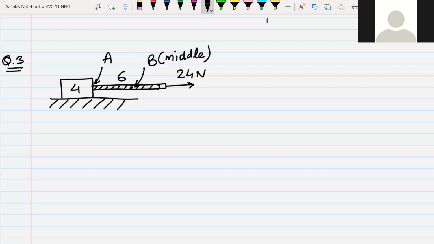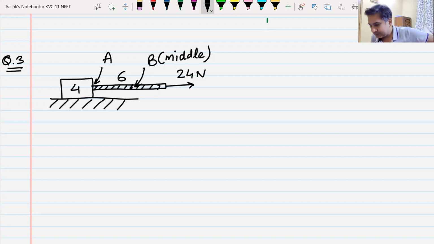Yes, bacha. T equals 9.6 newtons, sir. 9.6 newtons is the tension at point A. Yes. What about point B?